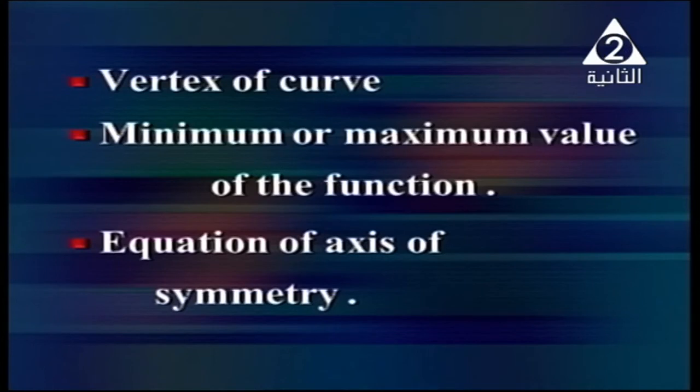First of all, to represent graphically, you must plot a table. So this table will be x and f of x, which is y. What about the values of x? They will be from negative 3 up to 3. When x equals negative 3, the value of y will be negative 5.